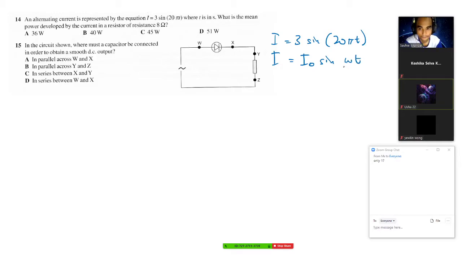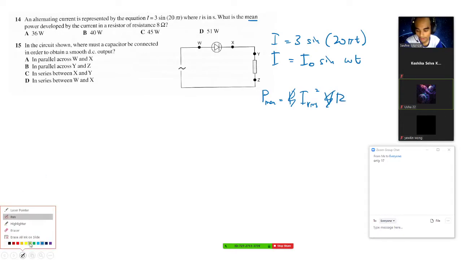If you want the mean power, you have to get I RMS squared times R.